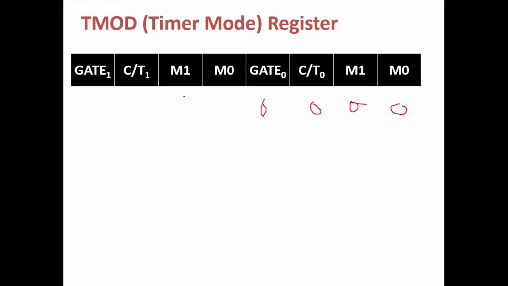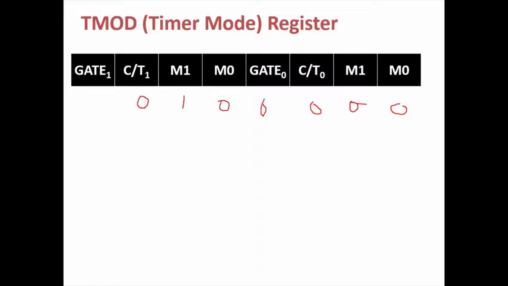So to configure the timer in mode 2, M1 should be 1 and M0 should be 0. The next bit decides whether you want to use it as a counter or a timer. Here I want to use it as a timer, so 0 will be written here.